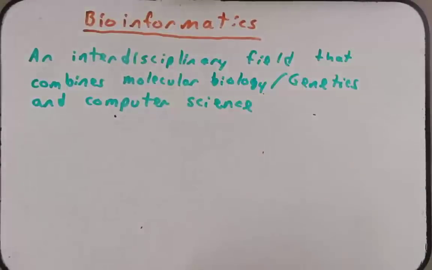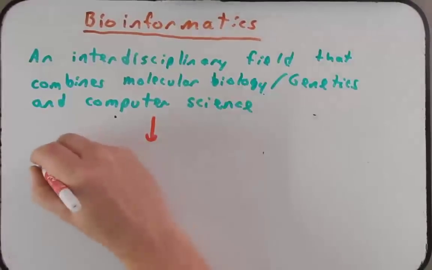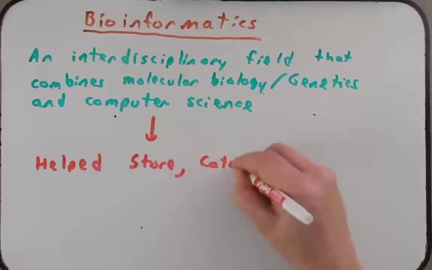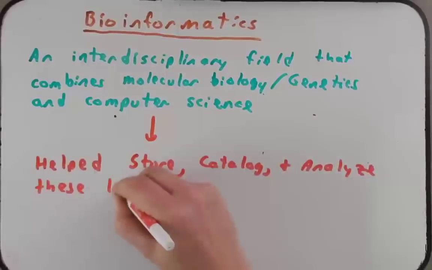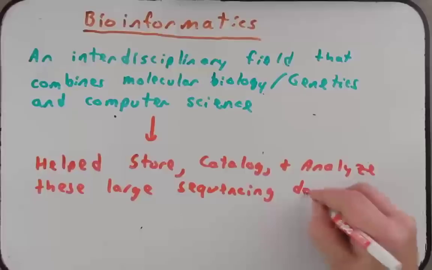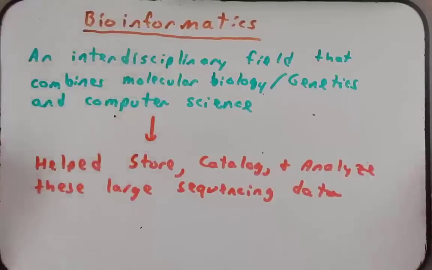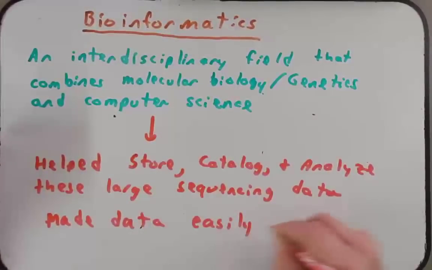Now this field boomed as genomes were being sequenced. Because of all the genomes being sequenced, there was a lot of data. So the field of bioinformatics helped store, catalog, and analyze this large sequencing data. Also, they made this data easily usable.